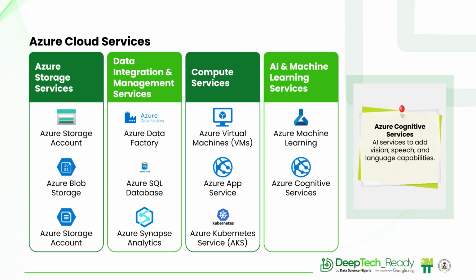Hello machine learning model, I want you to pick your input from an SQL database, and there you go. So the SQL database is a great option, right? You use it to store things like user data, product information, or any other data that needs to be well organized. Thirdly, we have Azure Synapse Analytics.